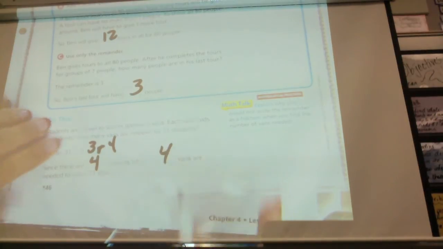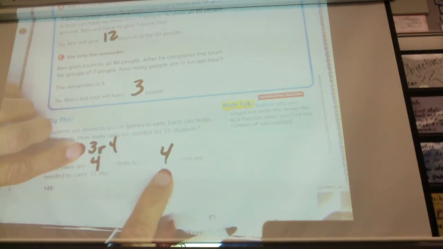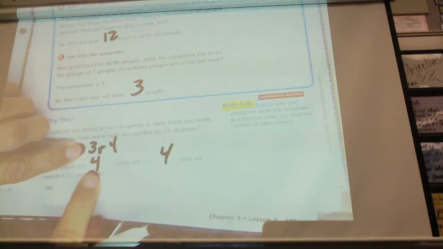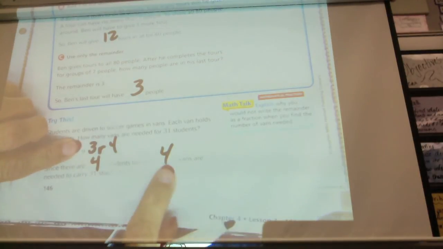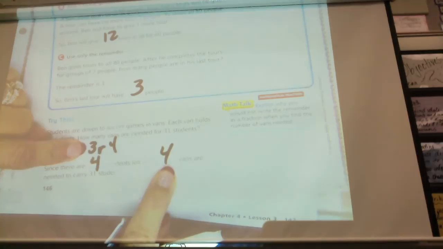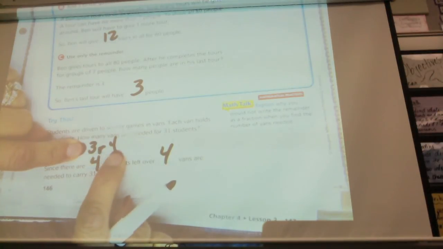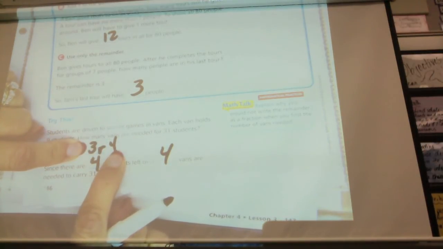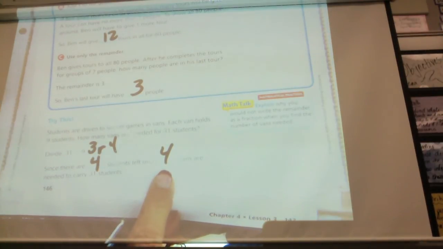We don't need 4 vans because we had 4 left over, right? No. We need 4 vans because we had 3 full vans here, plus we need 1 more van to carry our leftover students. Okay? So we need 4 vans.